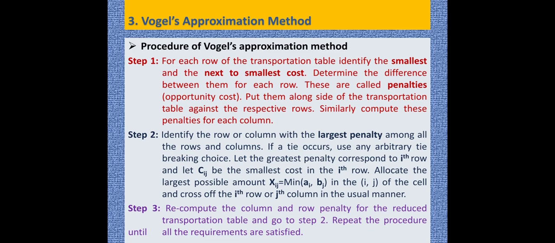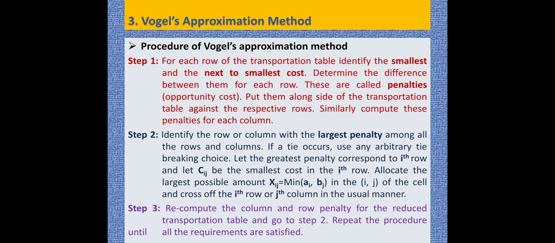Step 3 is to recompute the column penalties and row penalties, and again follow step 2 for the allocation of the units until all the requirements are satisfied.